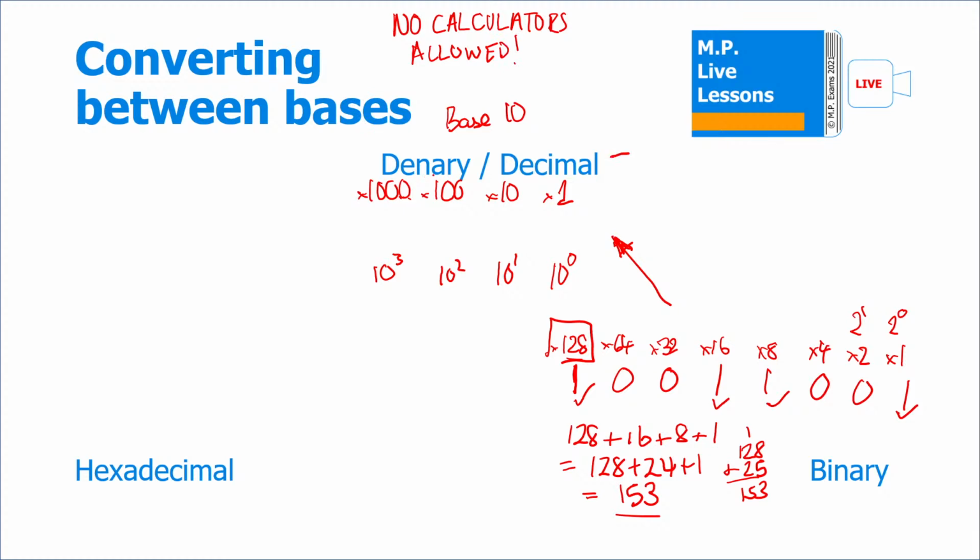Whereas going from decimal to binary, you'd sort of do the opposite. Let's say you have the number 185 and you want to convert it to binary.